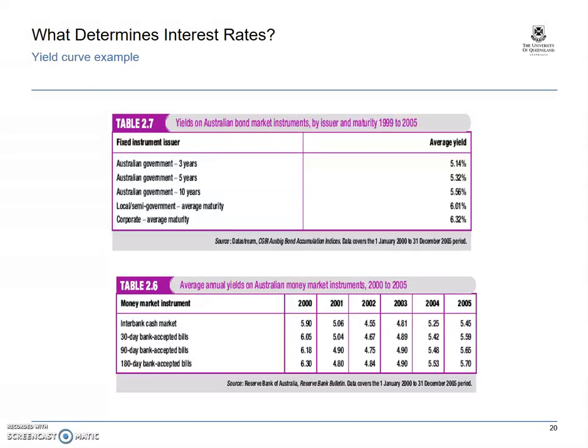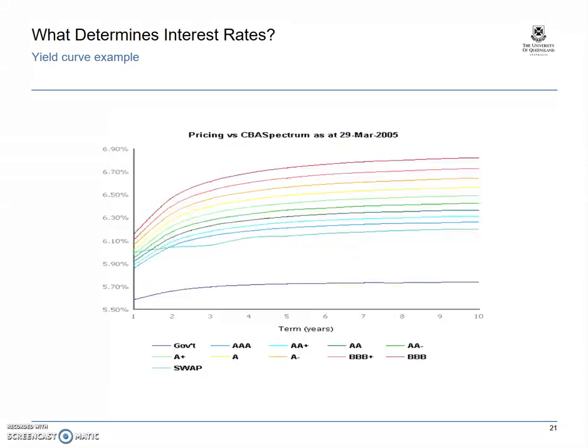In table 2, you can see yields on shorter term securities, so 30-day bank bills, 90-day bank bills and 180-day bank bills. Again, normally, but it doesn't always have to be the case, we see that the shorter term securities have a lower yield than the longer term maturities.